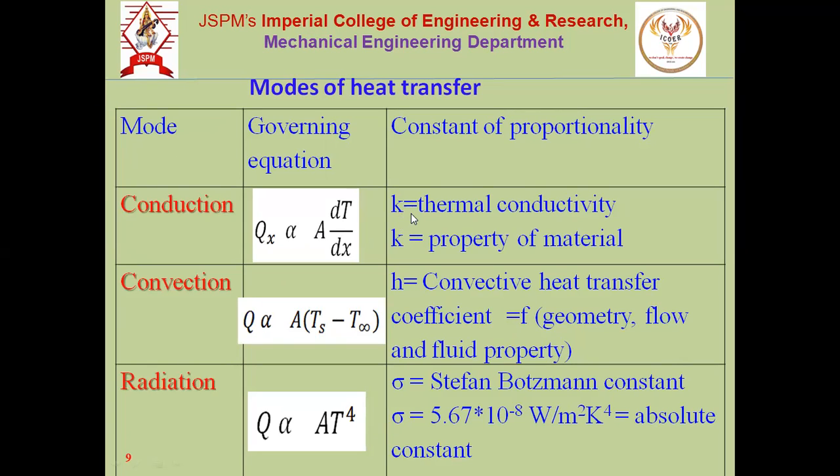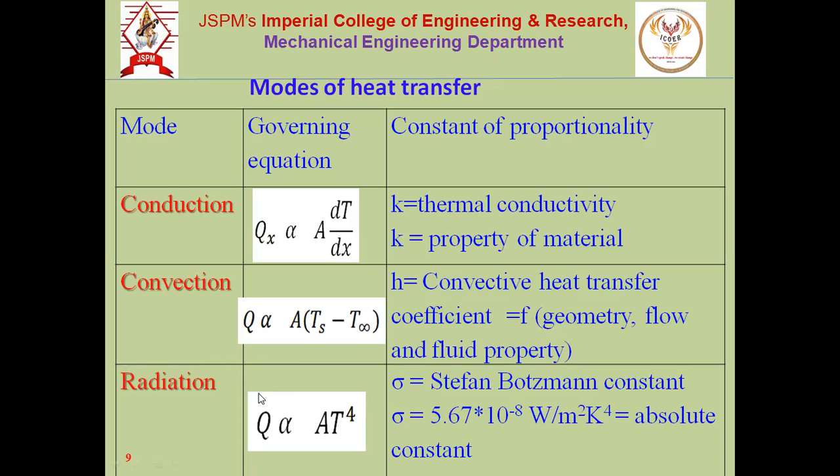In convection, heat transfer is proportional to the temperature difference between the surface and the surrounding fluid, and area. The constant of proportionality here is h, called the convective heat transfer coefficient. It is not a constant like the material property in conduction.